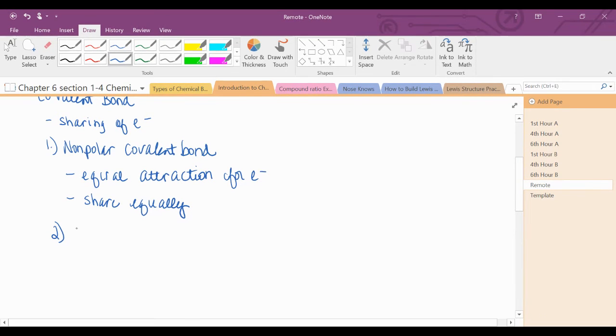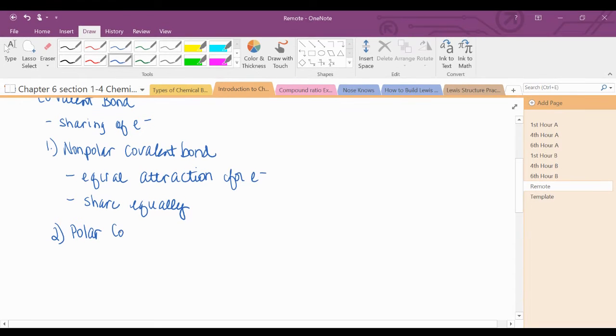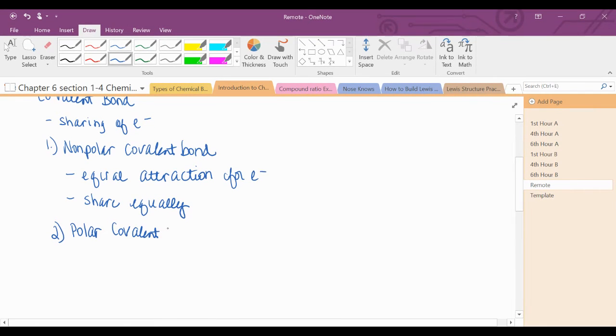The second type is called a polar covalent bond. And in a polar covalent bond, you have two elements that have slightly different electronegativity values. And for this reason, they have an unequal sharing of electrons.